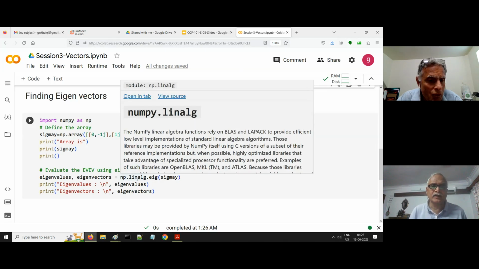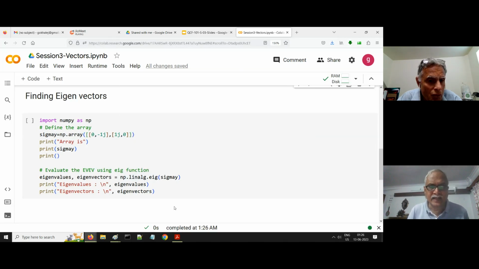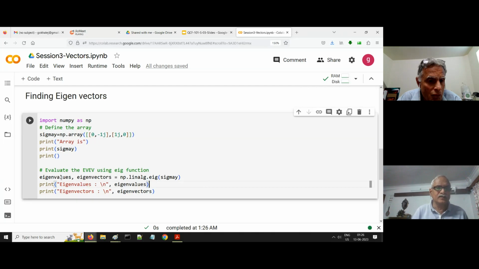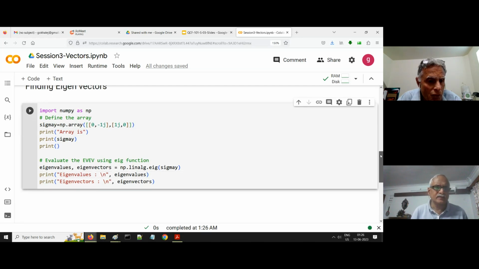So I say np.linalg.eig and pass this array. The moment I do that, both the eigenvalues and the eigenvectors are evaluated. That is what the function does, and then I print it out. As simple as that. So quickly let us execute that.